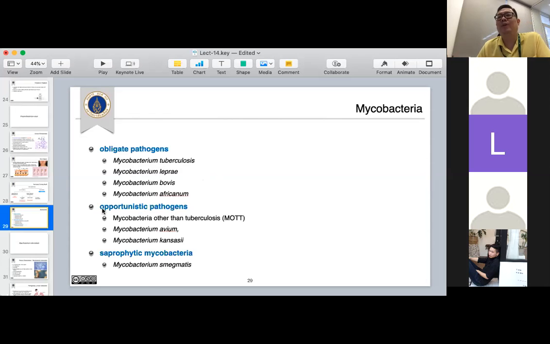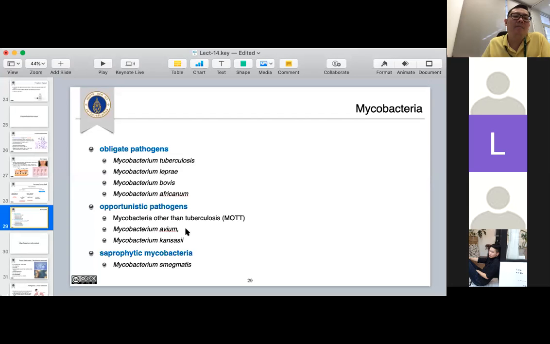Another group is opportunistic pathogens. This is important for immunocompromised patients. We have MOTT, the mycobacteria other than tuberculosis. The important one is Mycobacterium avium.